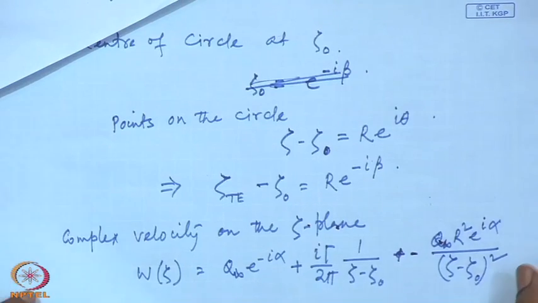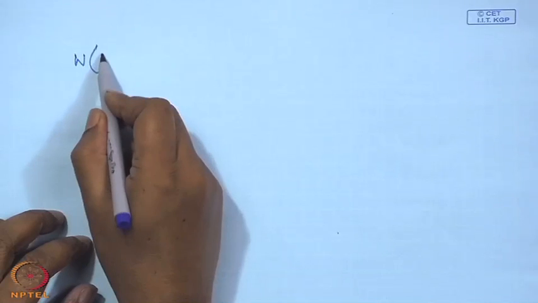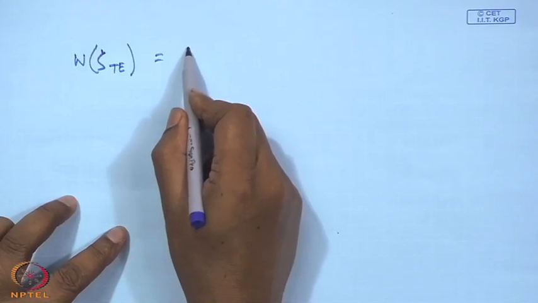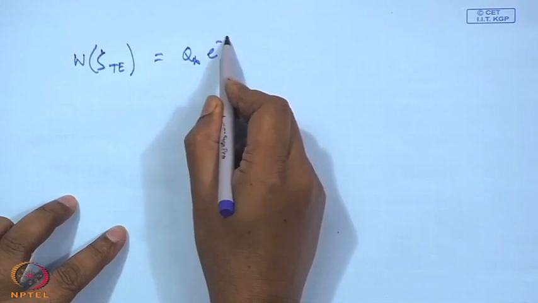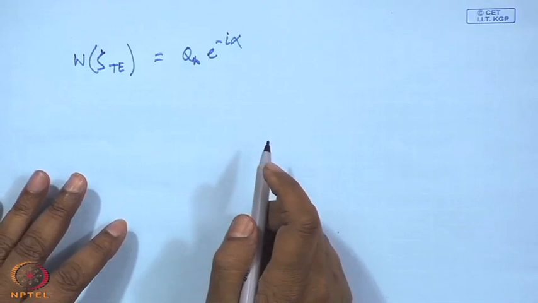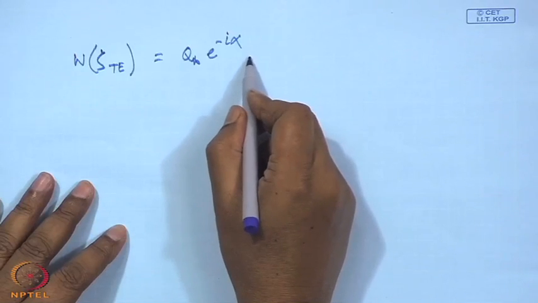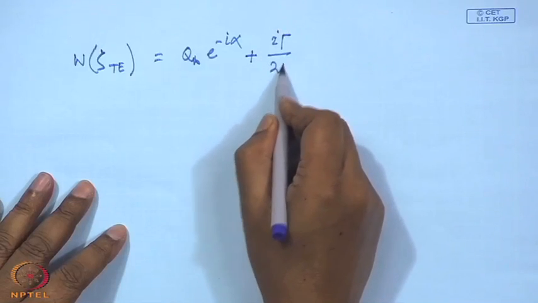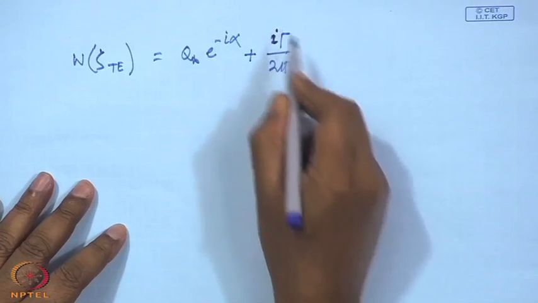So, let us find out the velocity at the trailing edge. The first term, of course, and the second term, i gamma by 2 pi. So, this is not 2 i gamma by 2 pi.